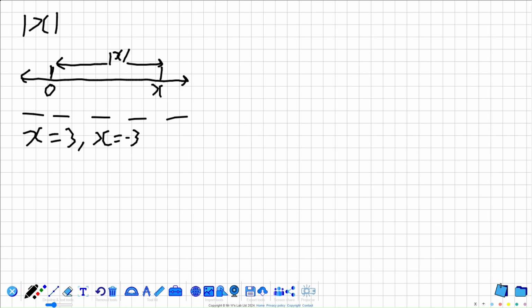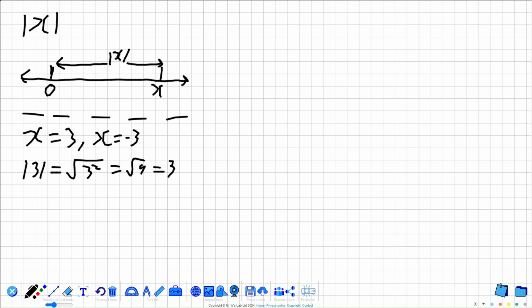And this is just random examples. We can write mod 3. We evaluate this by saying that it equals square root of 3 squared, which equals square root of 9, which equals 3. So it takes us back to the original number.